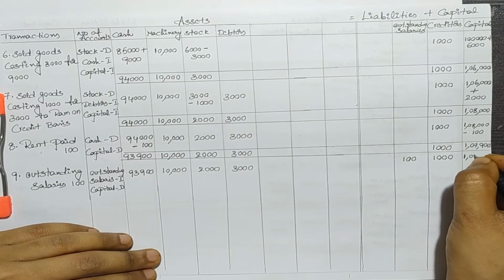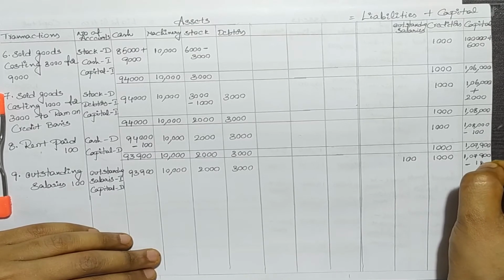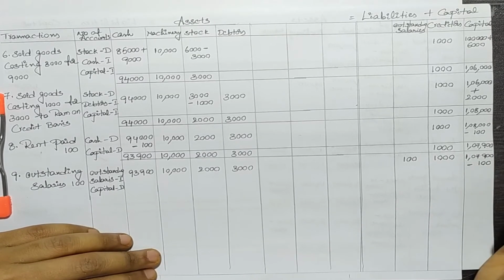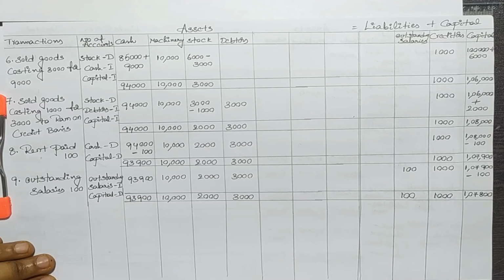And from capital amount we will deduct this outstanding salaries amount. After adding and deducting the outstanding salaries amount, the total of asset side is 1,08,900 and total of liabilities plus capital side is 1,08,900. Both the sides totals are matching with each other.